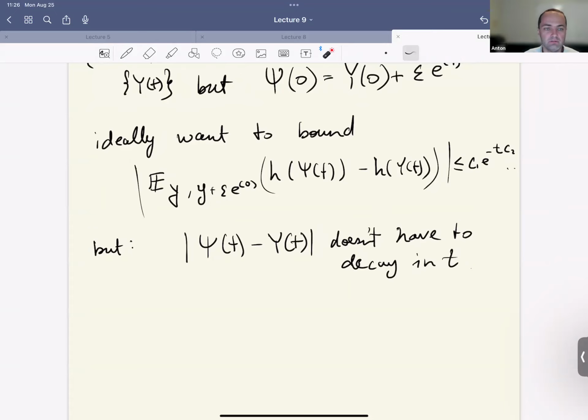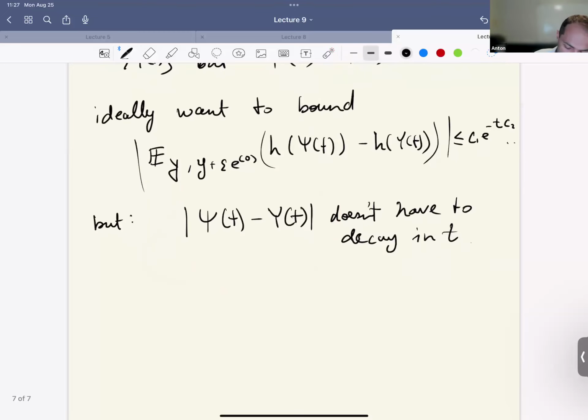And I said a very important property of this synchronous coupling is that the infinite server queue and its copy don't drift apart before coming together. If you look at this diffusion process and the norm of the difference between psi and y, this doesn't necessarily strictly decrease.